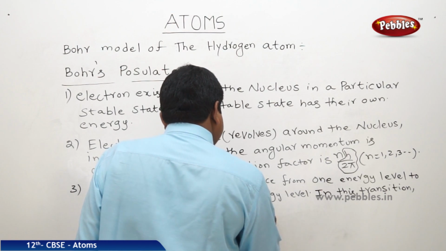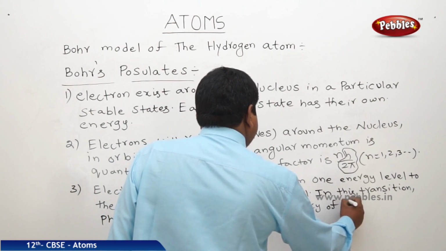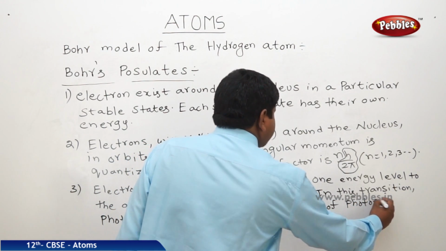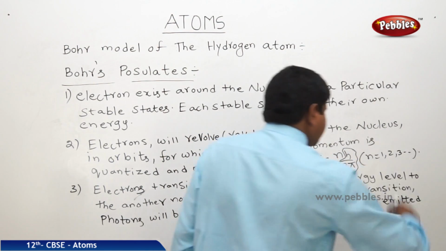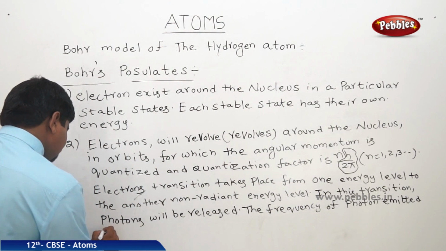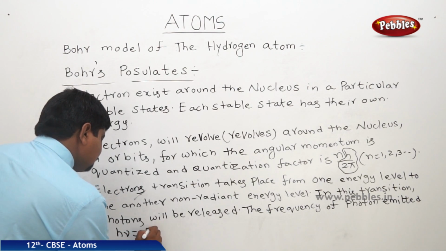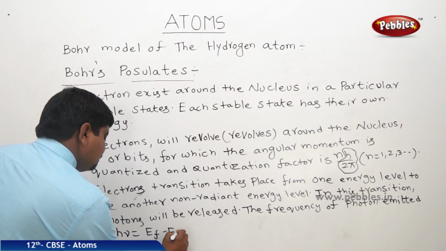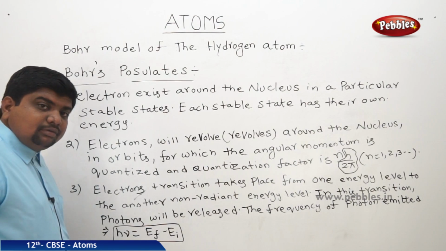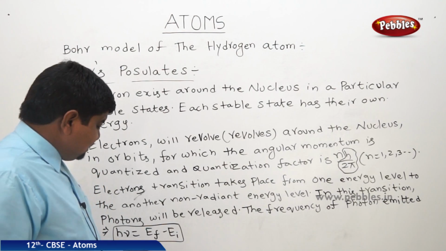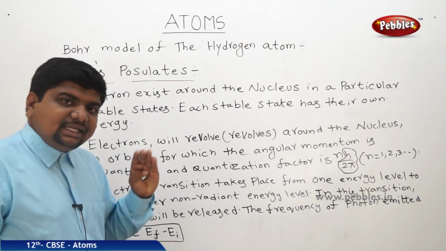So the frequency of the photon emitted is given by h nu equals EF minus EI, where h is Planck's constant, nu is the frequency, EF is the energy of the final energy state, and EI is the energy of the initial energy state.